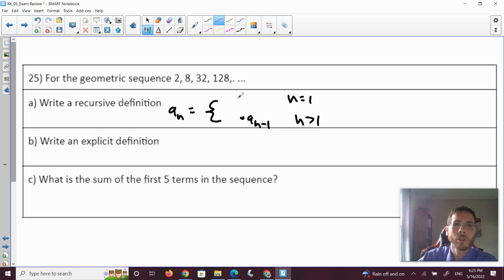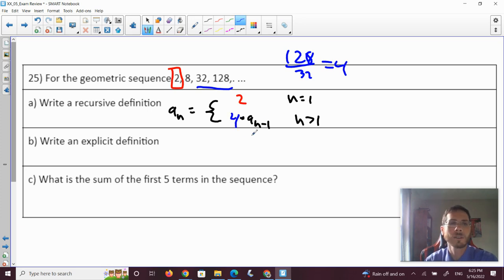So what goes up here is the start. We see we're starting at 2. 2 is the first term, so we just put a 2 up there. To find out what we're multiplying by, I can take any two terms and divide them. 128 divided by 32 is 4. And so that's my equation. That's my recursive definition.